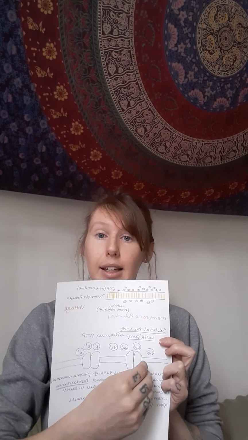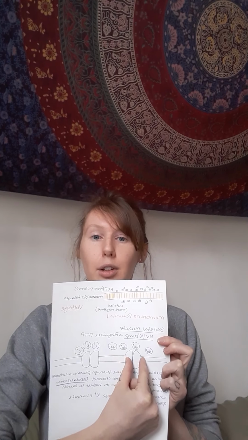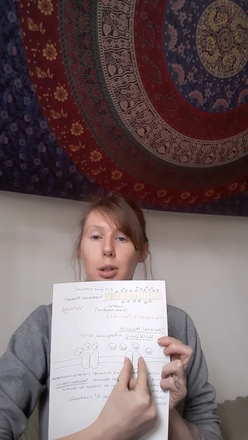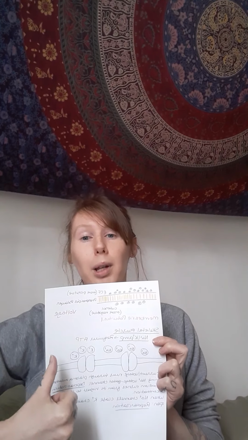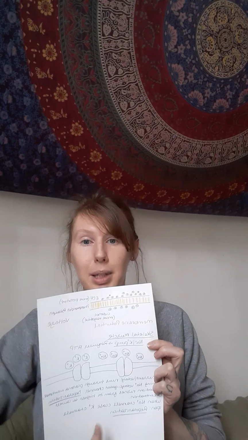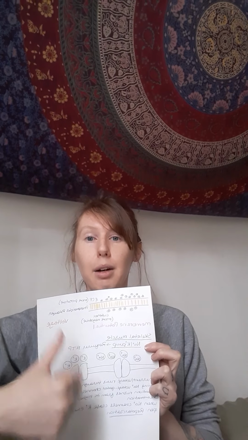Okay? And then when the voltage gets really high inside the cell, really positive, that voltage gated sodium channel is going to close, and then it's going to open up the potassium gated channel, and the potassium is going to flood out of the cell.